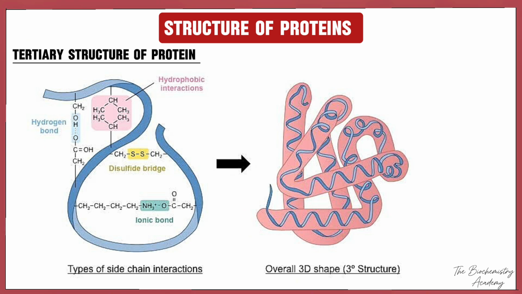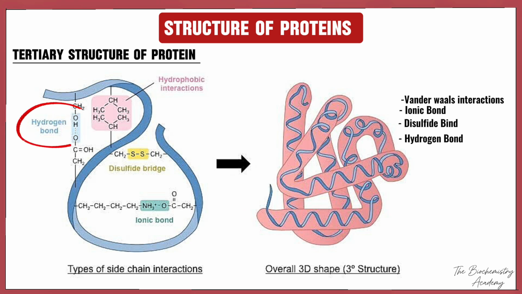The 3D shape is also due to other interactions besides the hydrophobic and hydrophilic interactions. These other interactions include van der Waals interactions, ionic bonds, disulfide bonds, or also hydrogen bonds, which are all involved in the R groups, which then cause the folding of the tertiary structure of proteins.